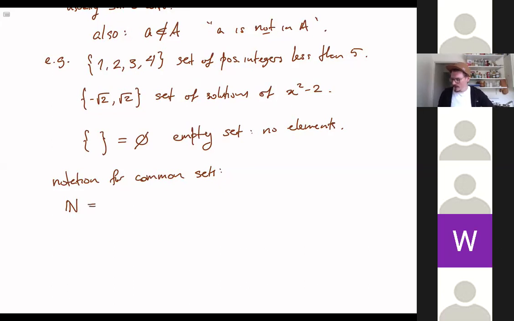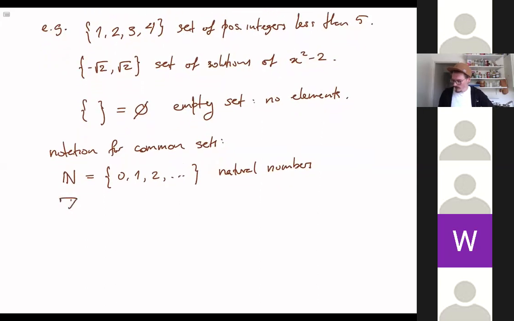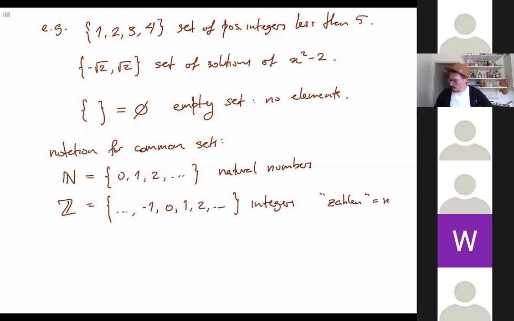So N stands for the natural numbers, which are 0, 1, 2, etc. This double struck Z is the integers, so positive and negative. And Z comes from the German word for number, which is Zahlen.